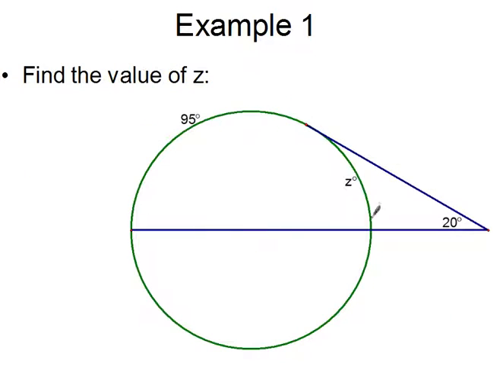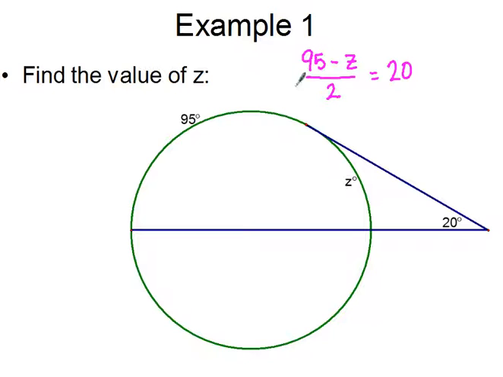Alright, this one, they cross outside, but you notice that z is one of the arcs, so we have to kind of solve an equation for this. So we would take the big arc minus the small arc over 2, and that would give us 20 if we did our answer correctly. Okay, so we have to work backwards a little bit here to figure this out.